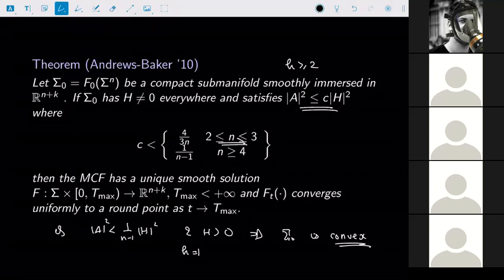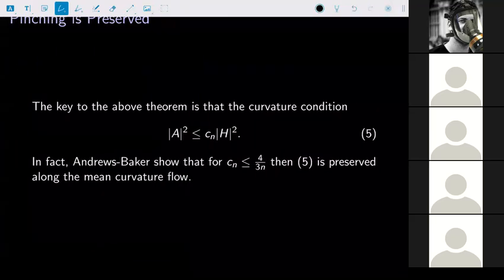However, if you look at this condition, |A|² less than or equal to c H², although it implies convexity in codimension 1, it makes sense for any codimension. So it's a natural condition to consider in high codimension. There's a relationship between |A|² and H².